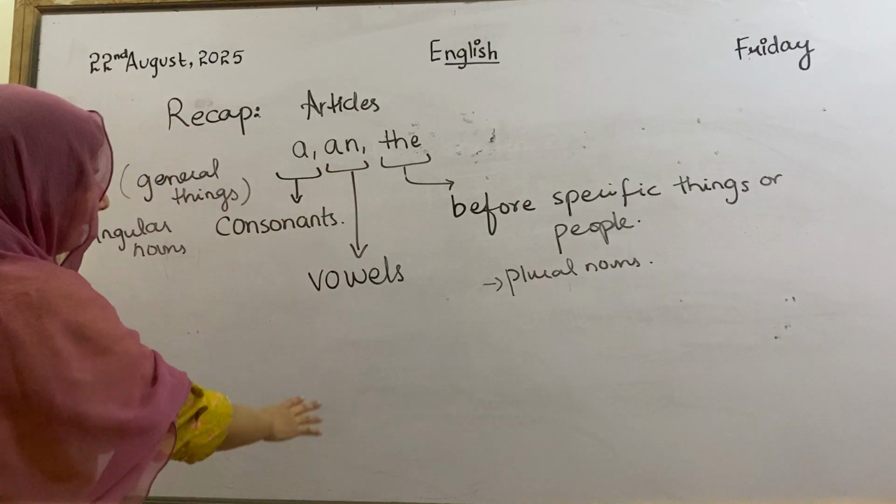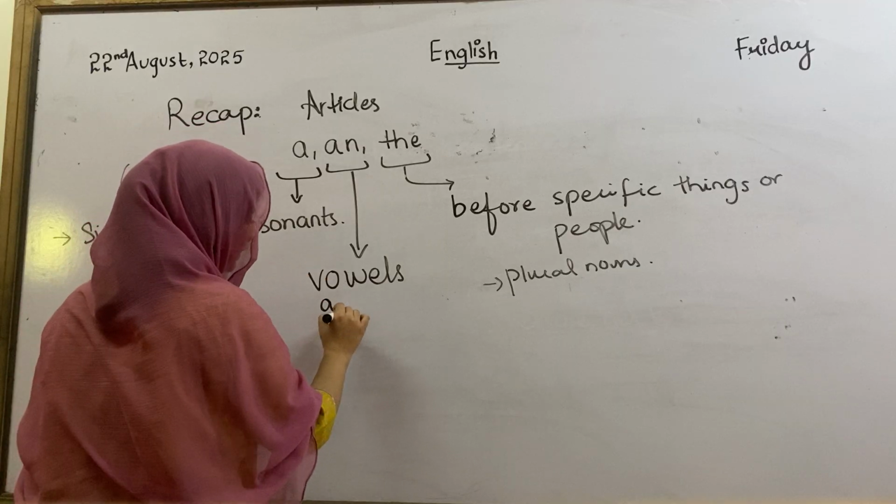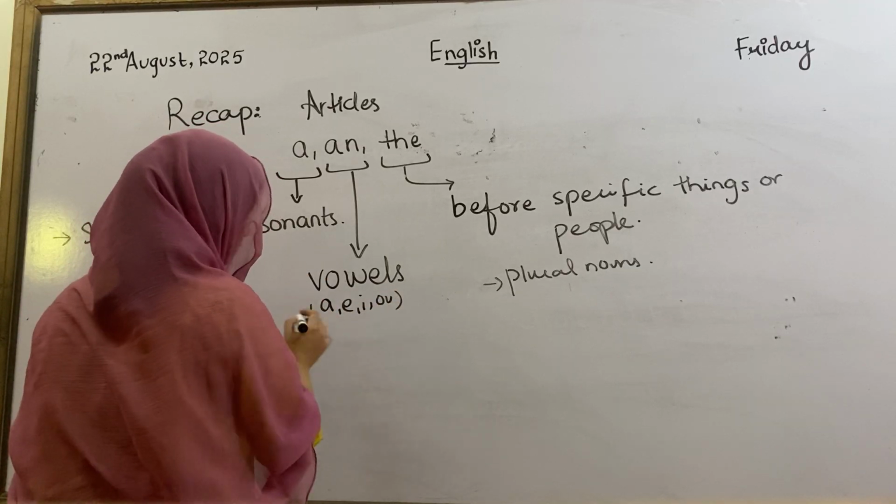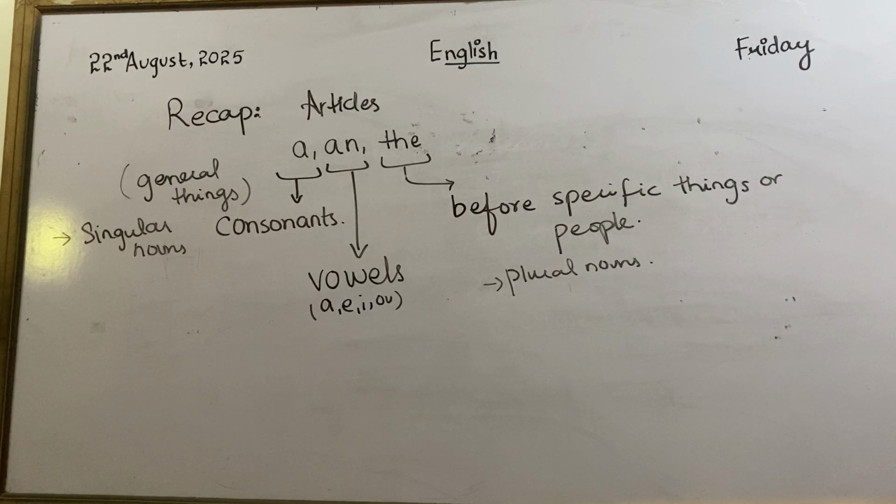An is used with the words starting with the vowel letters, which are A, E, I, O, U. A and an is used with the general things, most of the times the singular nouns, whereas the is used before the specific things of people, and it is mostly used with the plural nouns because we cannot use a or an with the plural nouns. Okay?